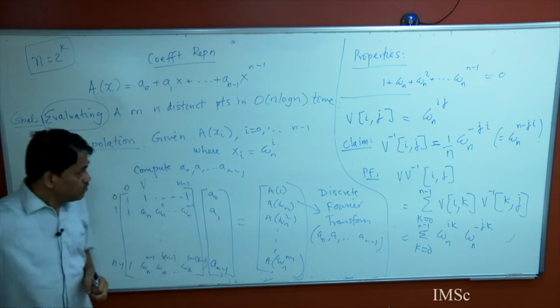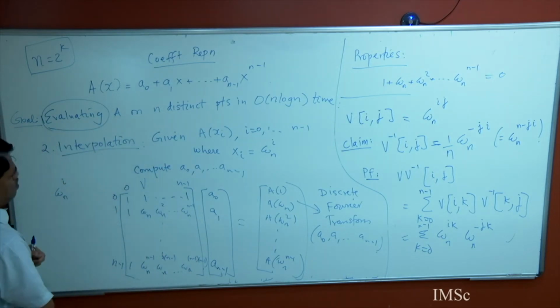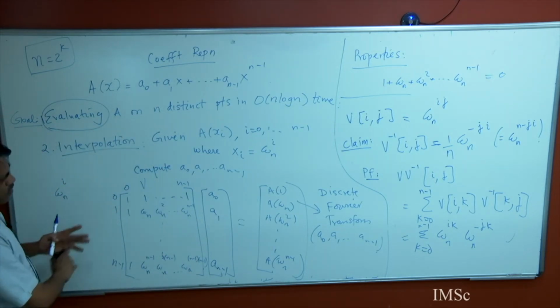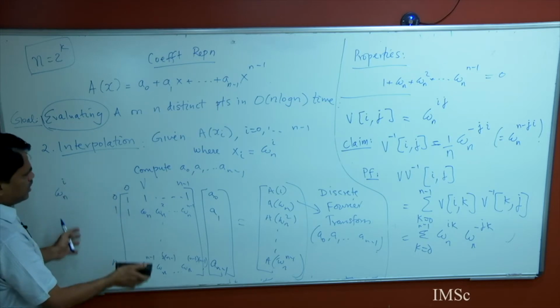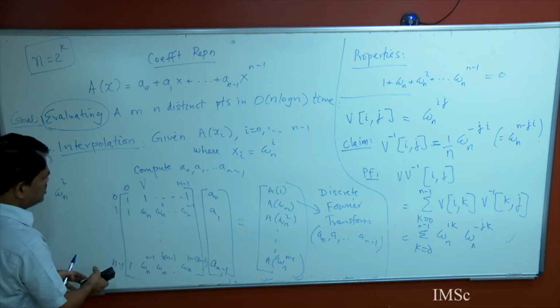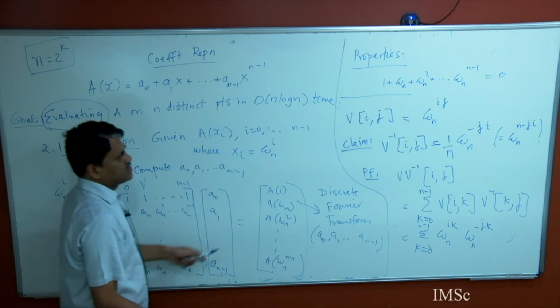I'm trying to compute V inverse, where V_ij is this matrix.